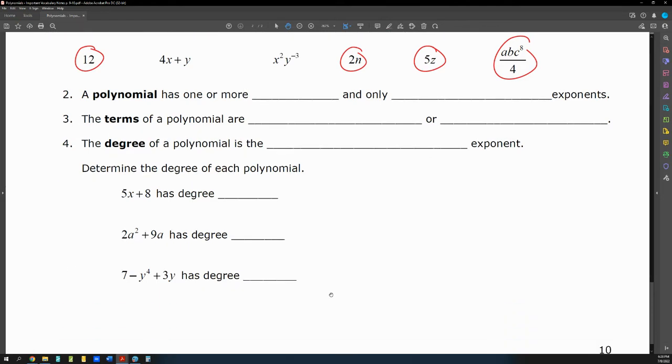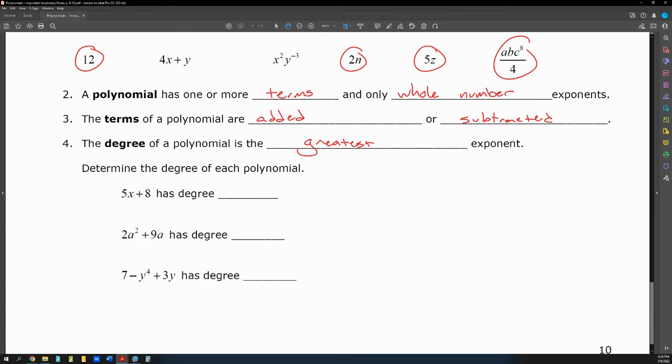A polynomial has one or more terms and only whole number exponents. The terms of a polynomial are added or subtracted. The degree of the polynomial is the greatest exponent.